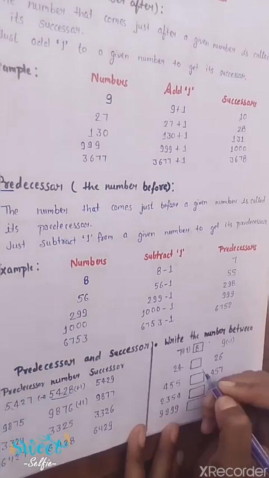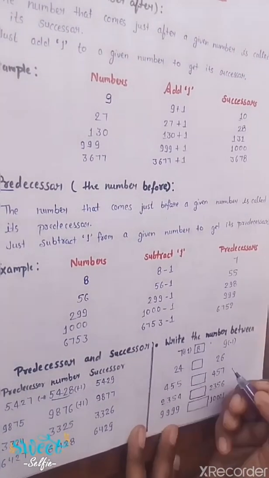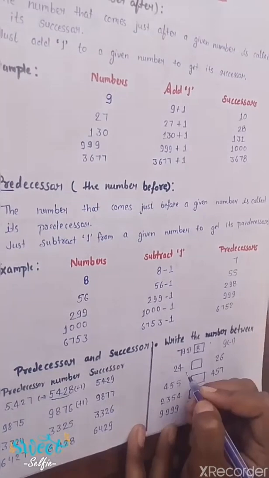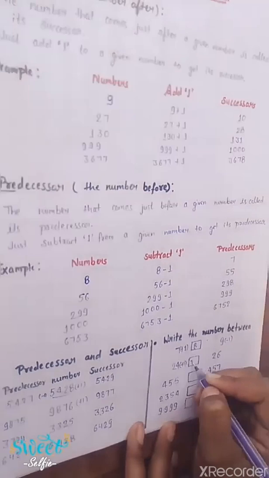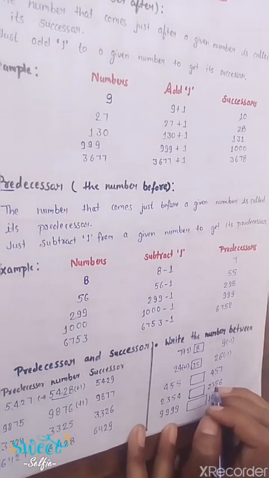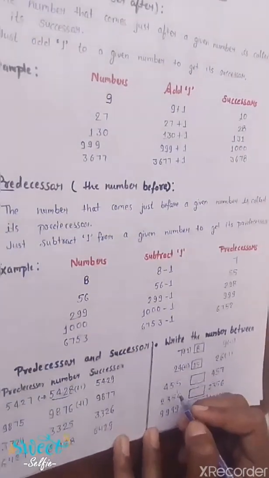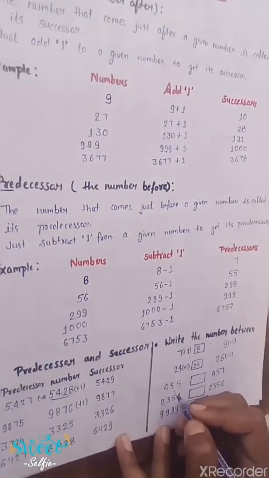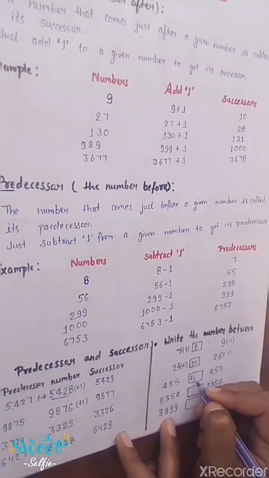So in the same way, we will solve the next question. So 24 plus 1 is equal to 25, or 26 minus 1 is equal to 25. Okay. Next one is 4555. If we add 1 to it, we will get 4556.